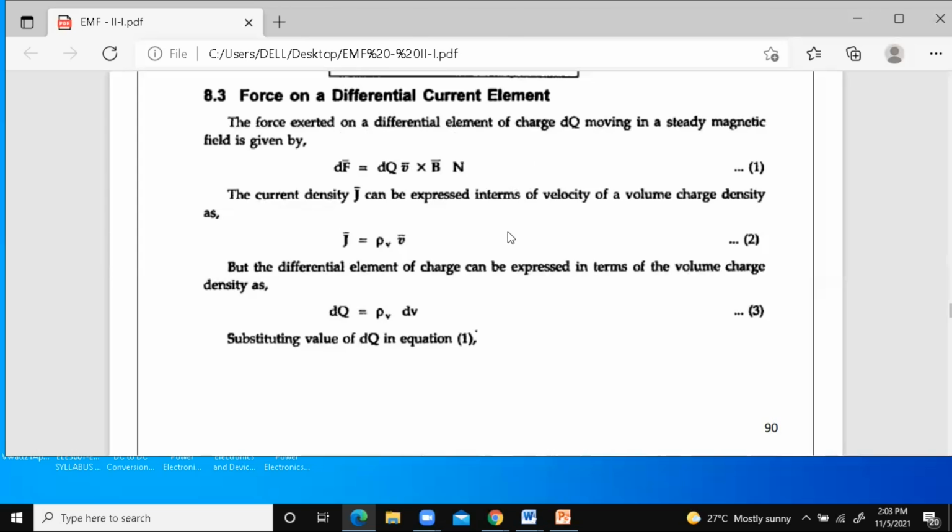So let's step back to current for a while. As we know, the current density J can be expressed in terms of velocity of a volume charge density as J equal rho V times velocity.